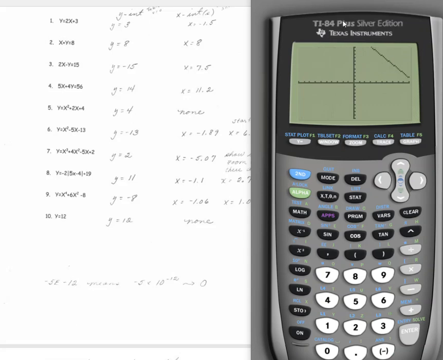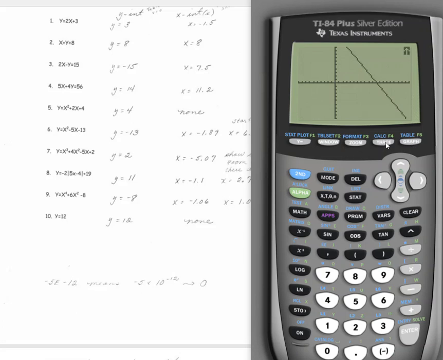Now on this one, we can't see either intercept. We need to be able to see the x-intercept for sure. So what can't I see? I can't see over to the right. So I'm going to change the window. Over here is Xmax. I'm going to make it 20. I don't know if that will work. Let's see. Yes, that's good.